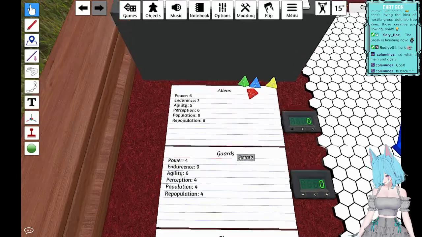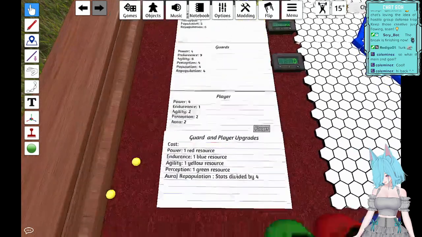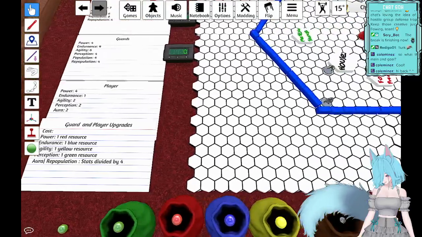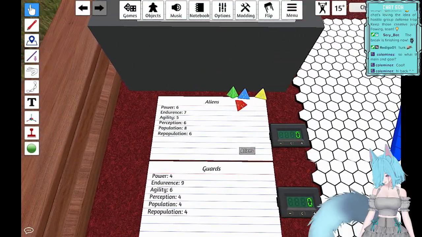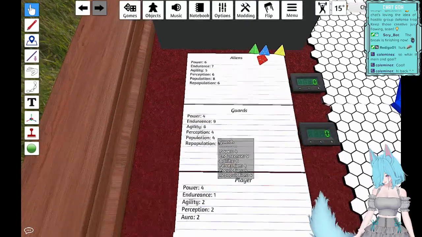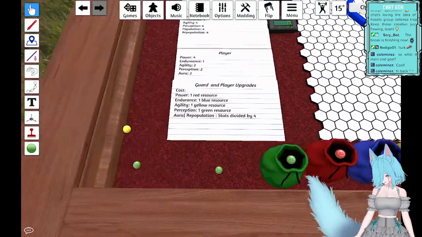Now, agility. Agility we did give to the guards.